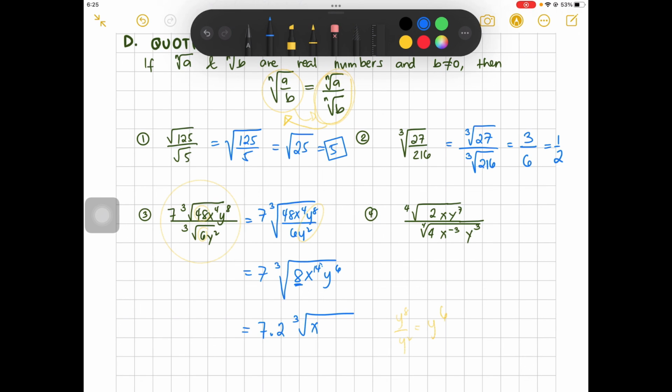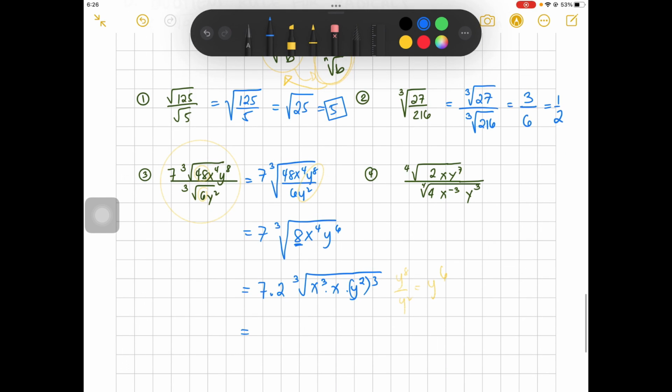How about this one? So we can write this as x cubed times x times y squared cubed. So 7 times 2, that's 14. Cube root. So pwede natin ngayong ilabas itong x cube at itong y squared cube.